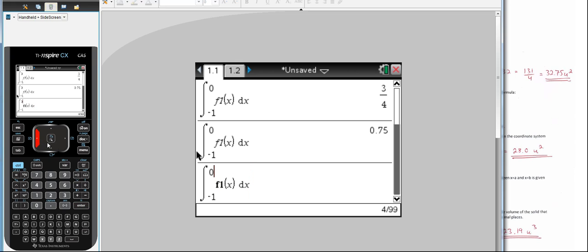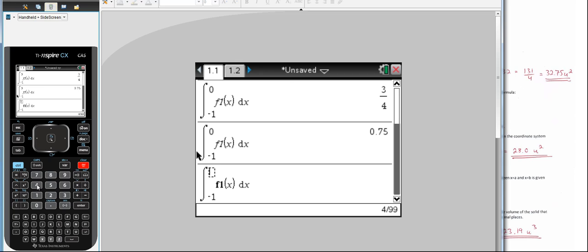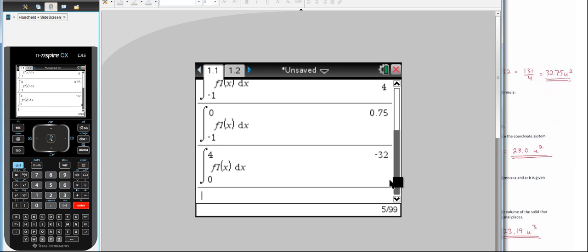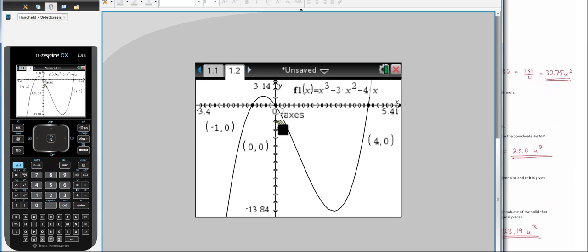The second part would be between, well, the upper limit was 4, the lower limit was 0, minus 32. And this is because this is below the x-axis. If we're talking about area, it's the same number but positive.